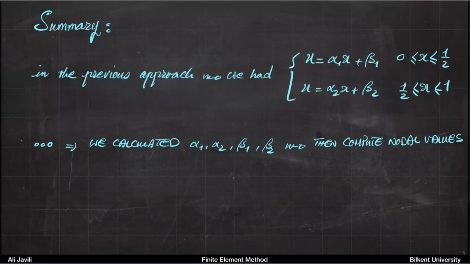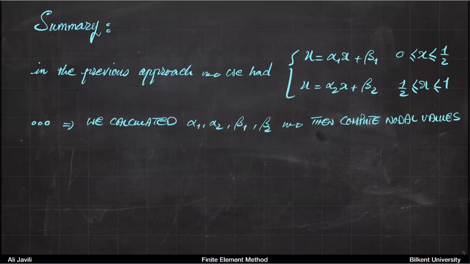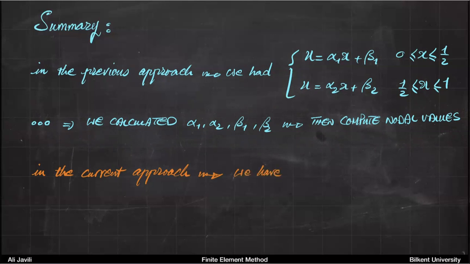So what do we do now? In the current approach, what we have is something which looks like u equals N1 u1 plus N2 u2.